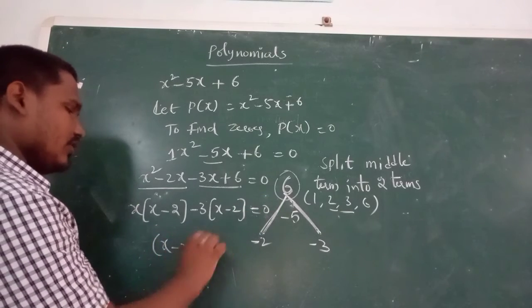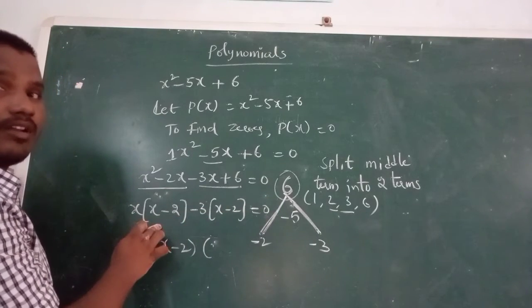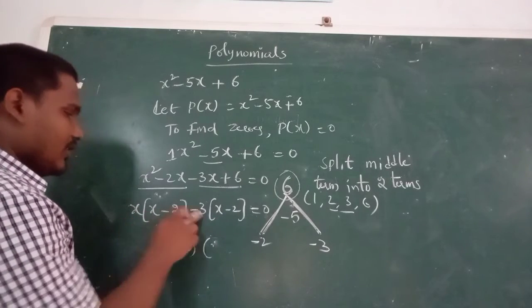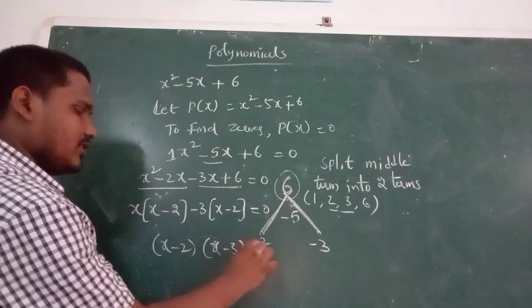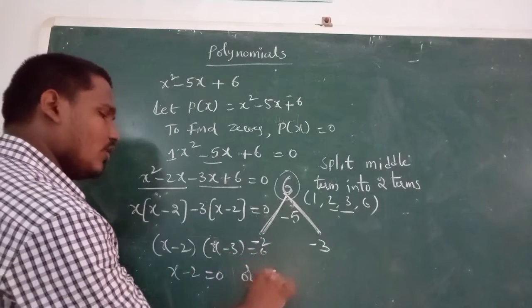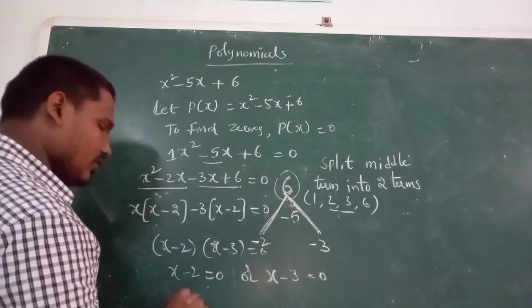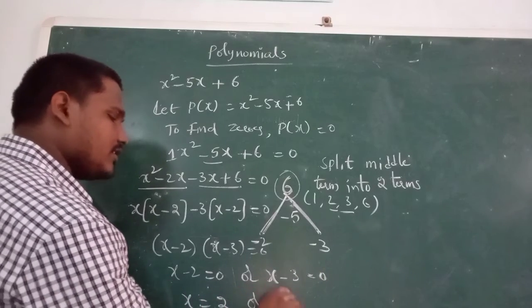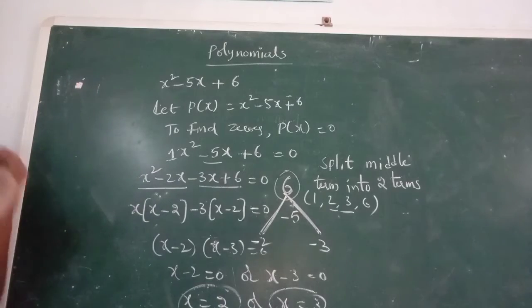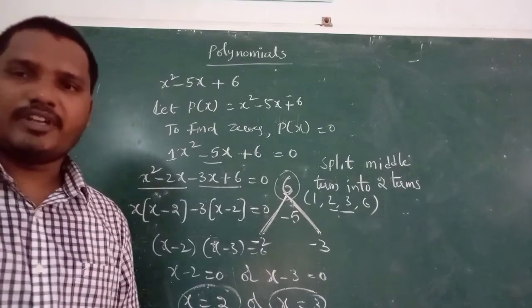X minus 2 is common in two terms, so x minus 2 will be common. The remaining part is x minus 3 is equal to 0. That is, x minus 2 is equal to 0 or x minus 3 is equal to 0. X is equal to 2 or x is equal to 3. These are the zeros of the given polynomial.